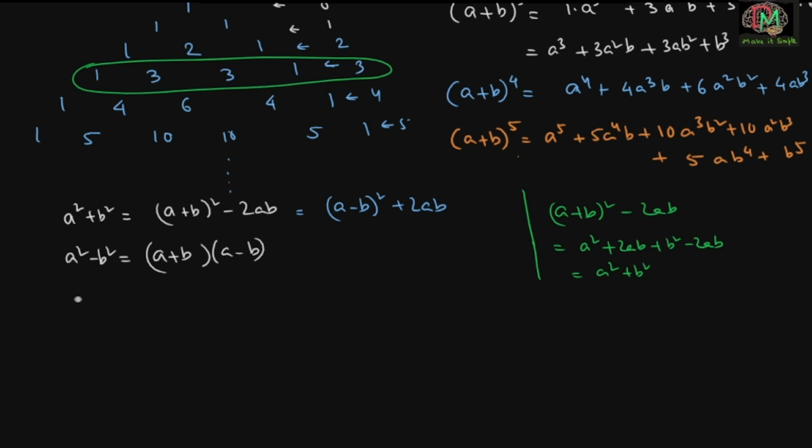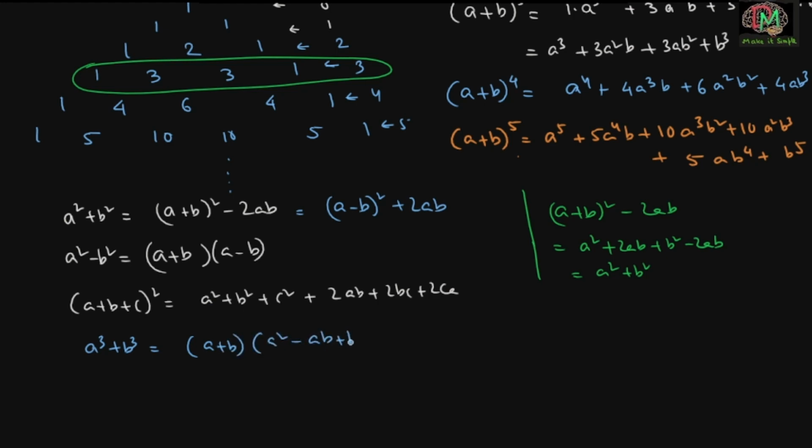Next is (a plus b plus c) whole square, you can write as a square plus b square plus c square plus 2ab plus 2bc plus 2ca. Next is a cube plus b cube, you can write as (a plus b)(a square minus ab plus b square).